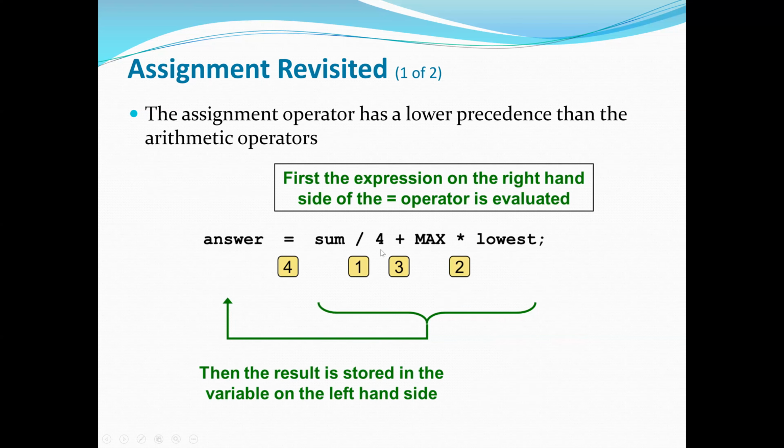You can see that we are going to do division first, then multiplication, number 2, then we do addition. Then the result we are going to assign to the answer variable. So here we say first the expression on the right-hand side of the assignment operator is evaluated. So that's why we say the assignment operator always has the lowest precedence.